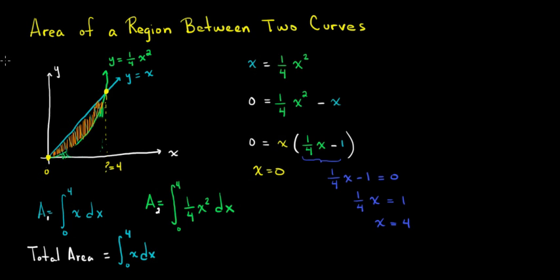But then I have to subtract the area underneath the bottom curve. I have to take away this area, the integral from 0 to 4 of 1/4 x squared dx.